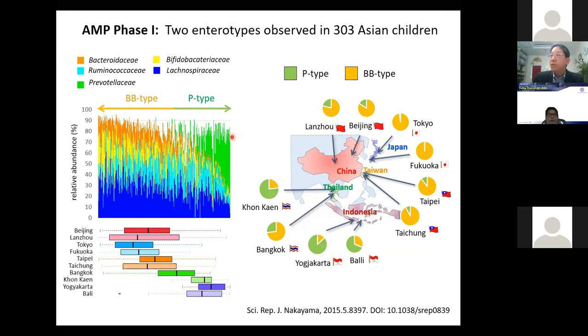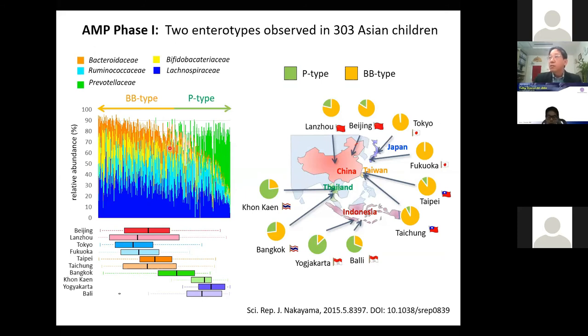So you can simply see it's a quite different community. On the right side, children's microbiota are colored by green, Prevotella. Instead, the left side children are colored by orange and yellow. Orange is Bacteroides, and yellow is bifidobacteria.